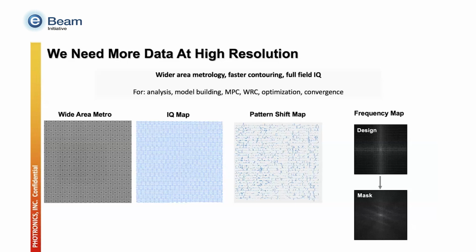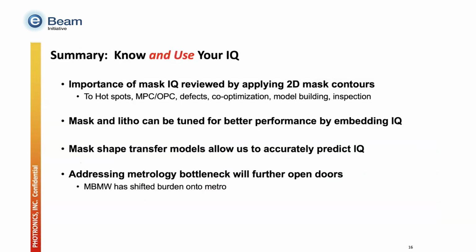So the summary then, I'd like to go back to the title, which was Know Your IQ. Here, I'd like to emphasize know and use your image quality is a very interesting and important thing, at least we believe in mask making. We reviewed the importance of mask image quality by applying a 2D mask contour to hotspot correction, MPC and OPC, to characterizing defects a little more carefully, doing co-optimization, building models, and doing this pre-rendering of the database to improve the quality and speed of inspection in very complex mask flows.